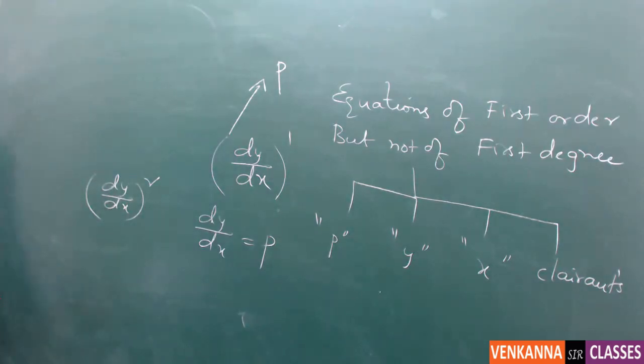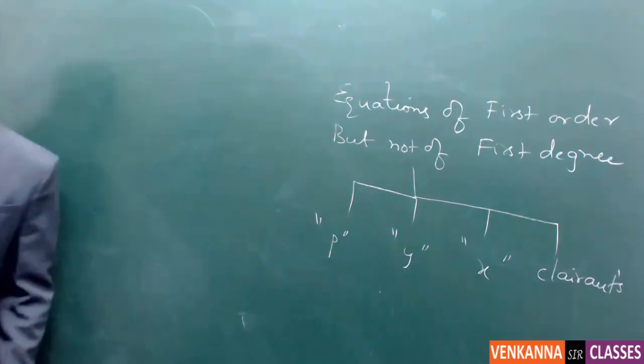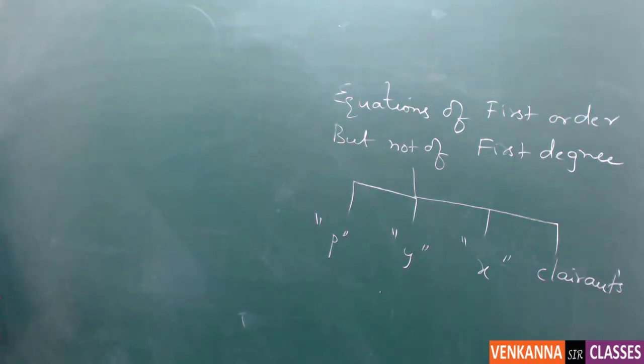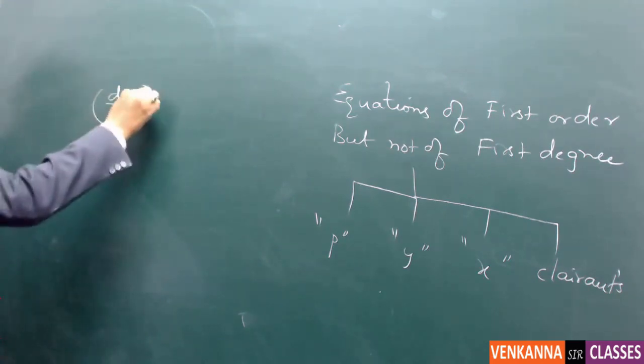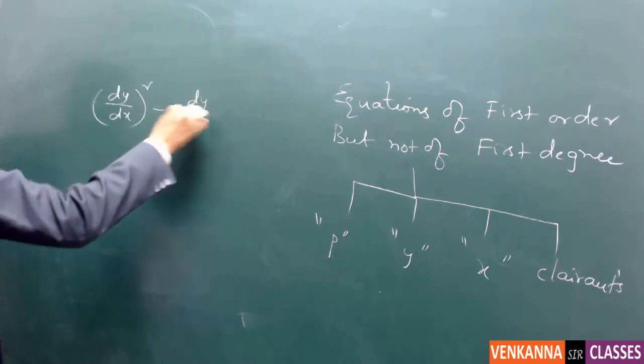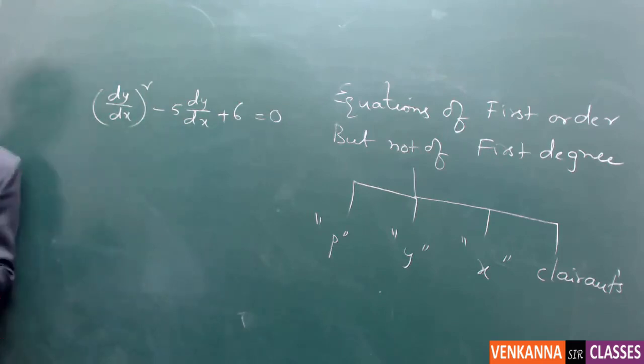So what is meant by solvable for p? Let us have a small problem. Do you accept that this is a first order differential equation with degree more than 1?